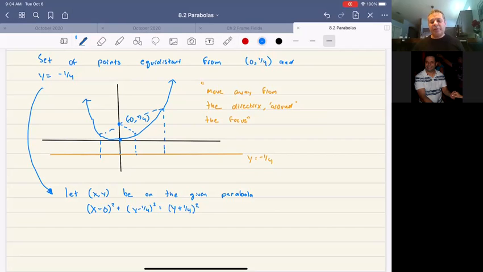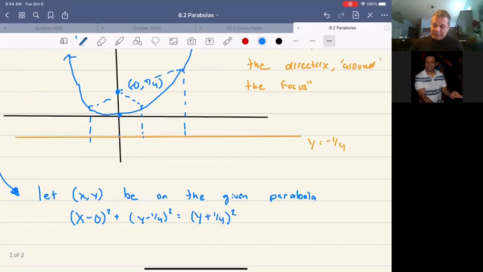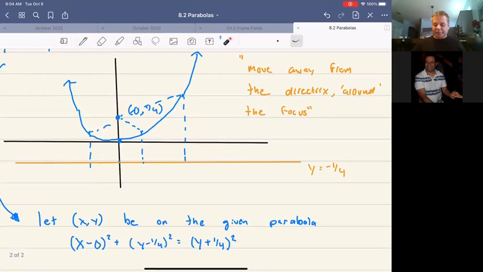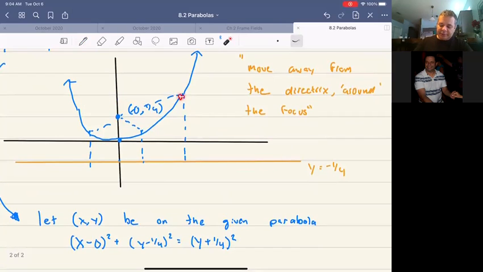How is that working? The left side is the distance from the given point (x, y) to the focus, and the y plus 1/4 is just the vertical distance to the line y equals negative 1/4.